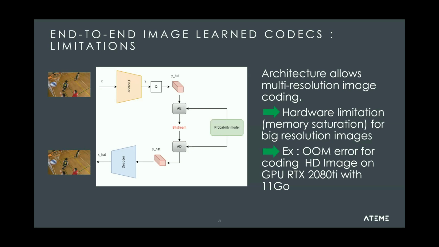For example, if we use a GPU that is an RTX 2080 Ti with 11 gigabytes, and we want to code an HD image with our end-to-end image learned codec, we cannot do that because we will have an out of memory error, which means that our memory is saturated and decoding cannot be done.